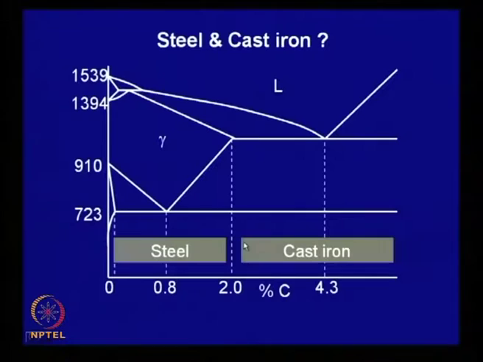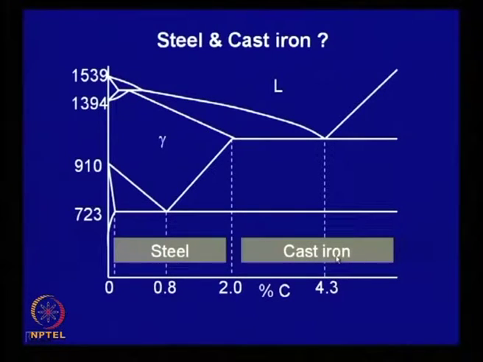So, this is the phase diagram, and here alloys containing up to 2% carbon are those where you do not get any eutectic structure. This part of the diagram we call steel, it represents the composition of steel, whereas if you go beyond 2%, this portion of the diagram represents cast iron. As we go on, we will see this type of cast iron, where you have a substantial amount of cementite, is known as white cast iron.